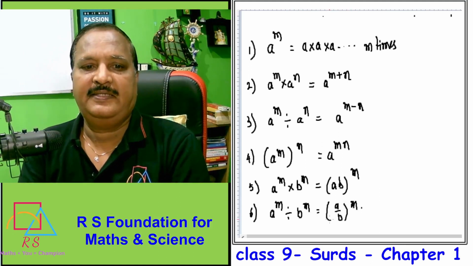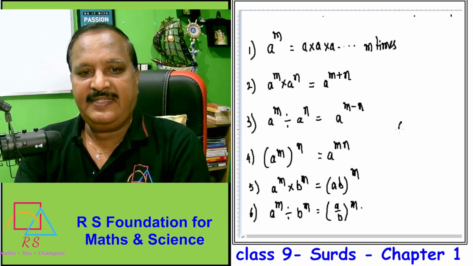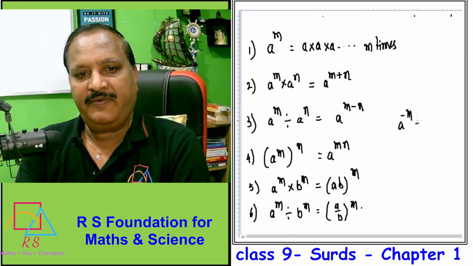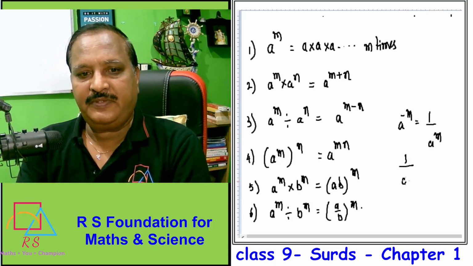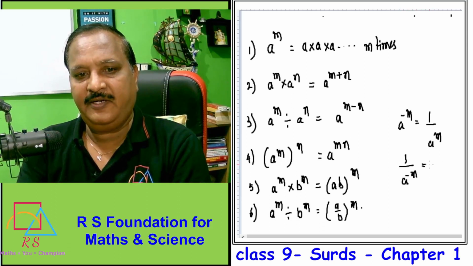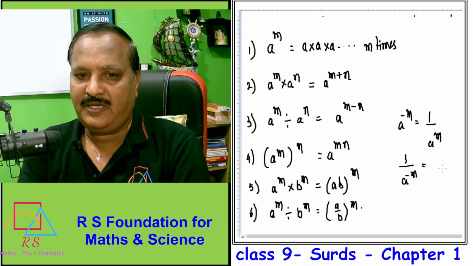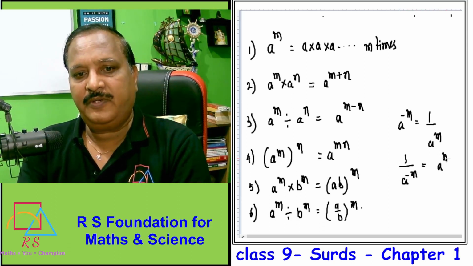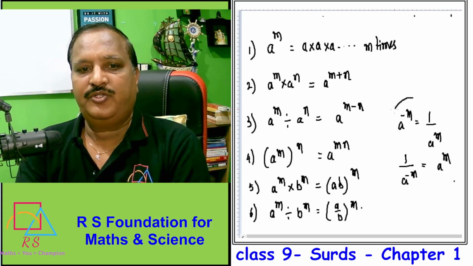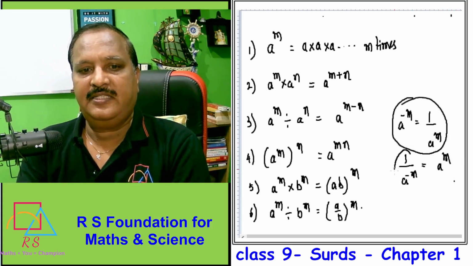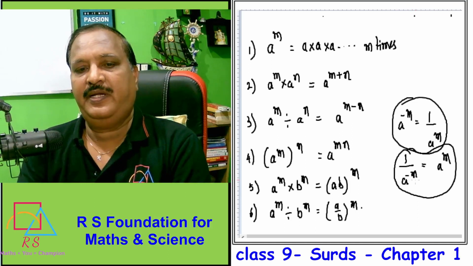If there is a negative power, a to the power of minus m is 1 upon a to the power of m. And if the denominator has a negative power, we can write it as a to the power of m. These two are the same.